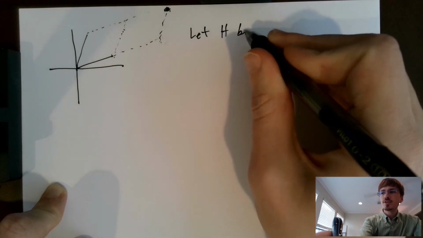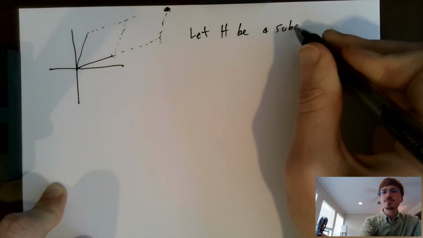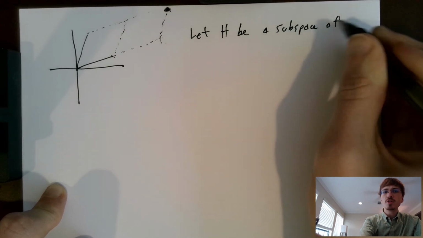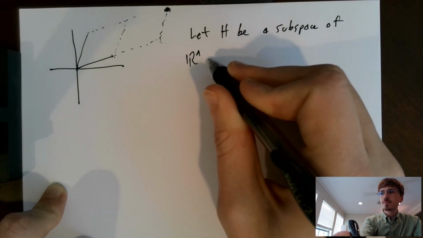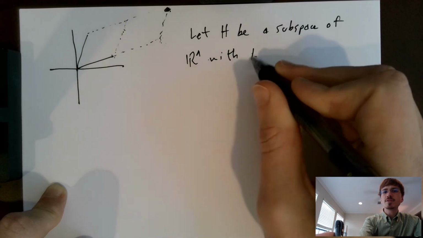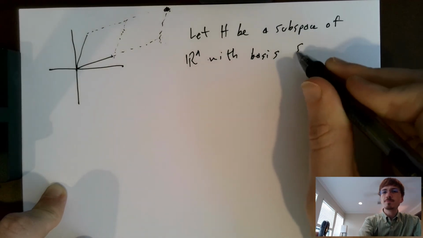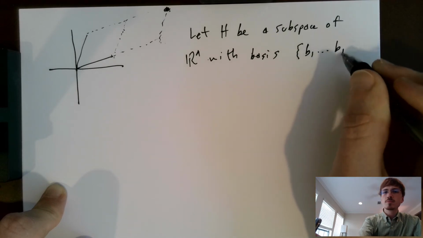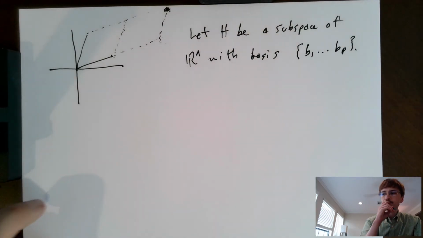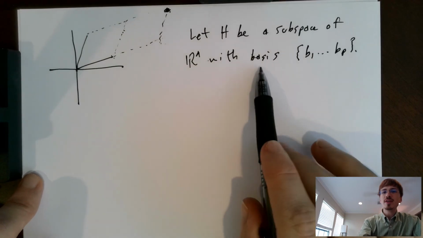Let H be a subspace of Rn, and suppose it has a basis B1 through BP. What does it mean if we have a basis here?